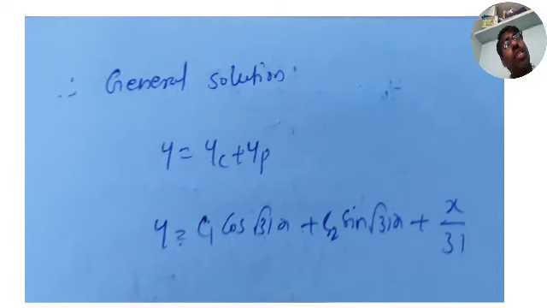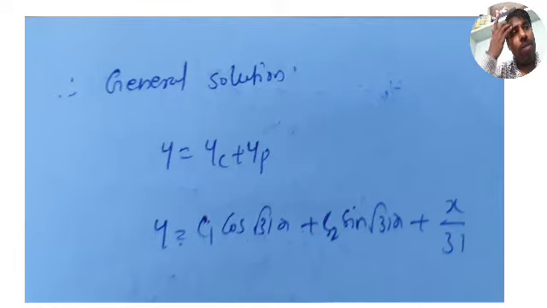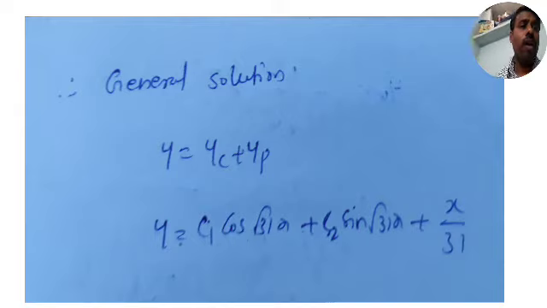So yc plus yp is c1 cos root 31x plus c2 sin root 31x plus x by 31.